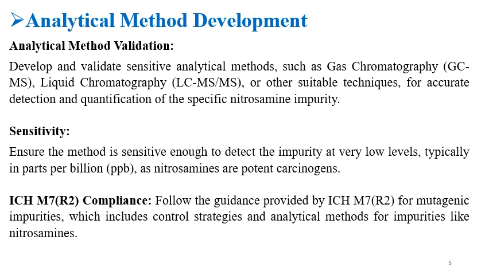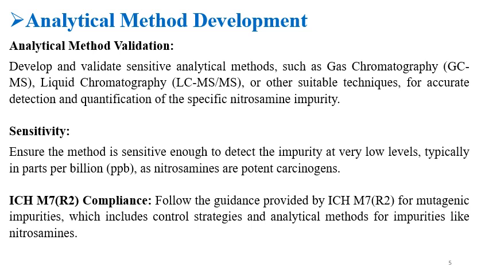Analytical method development involves analytical method development, validation, checking its sensitivity and compliance to the ICH M7R2. Analytical method validation involves develop and validate sensitive analytical methods such as gas chromatography, GCMS, LCMS, or mass spectroscopy, or other suitable techniques for accurate detection and quantification of the specific nitrosamine impurity.